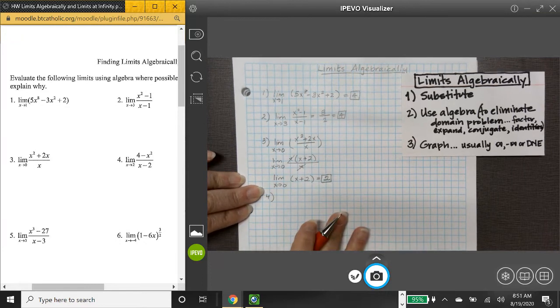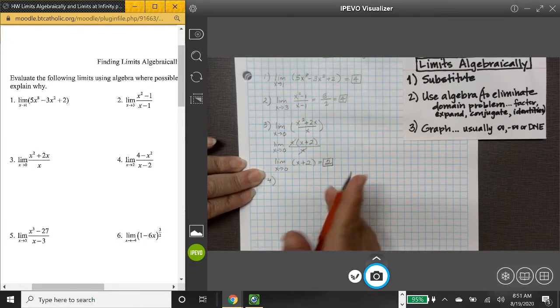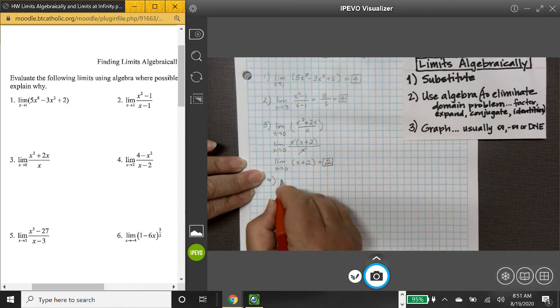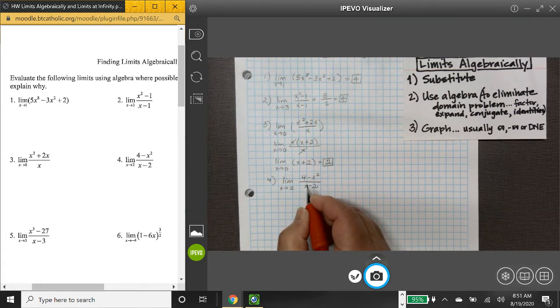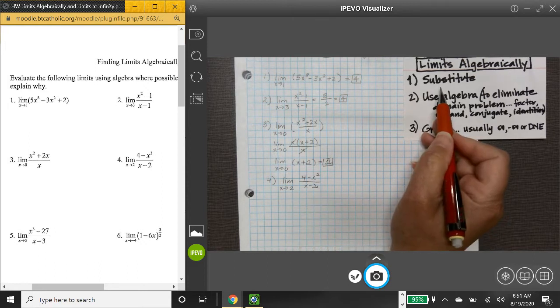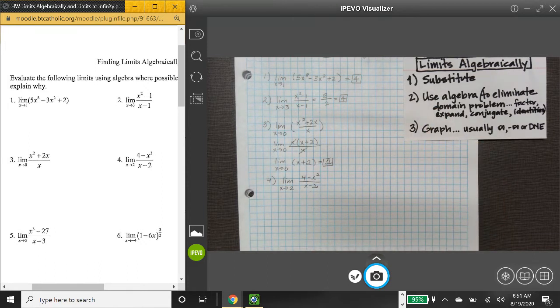All right, number 4, the limit as x approaches 2 of 4 minus x squared over x minus 2. Now I try my first step, which is substitution, and I can't because I'll have a domain problem in the denominator. And now I have to think of some algebra, if I can, to see if I can eliminate the domain problem.